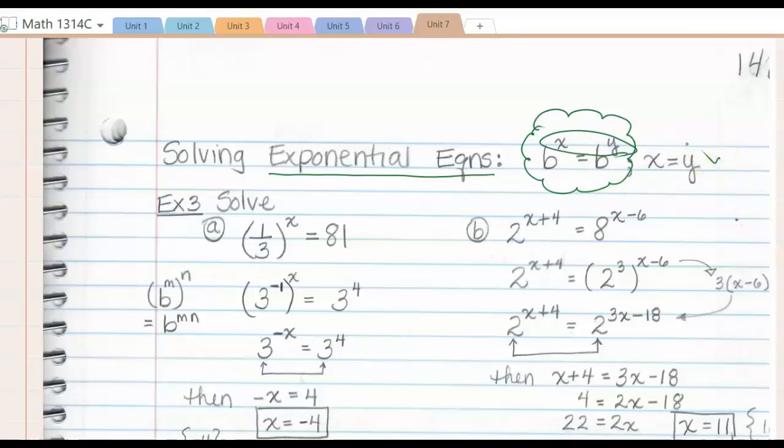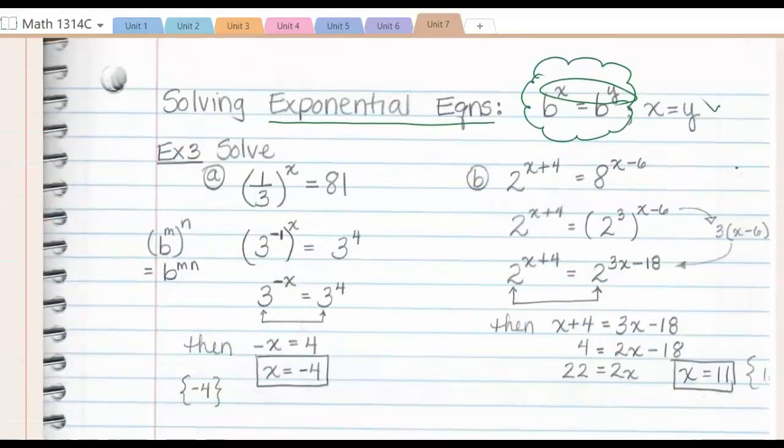So let's take a look at example number 3, part A. If we see that we have 1/3 to the x power, and then that's equal to 81, we need to get them to have the same base. So what I do know is I can change this 1/3 into a base of 3 because I know 3 to the -1 power causes this to be the reciprocal, which is 1/3.